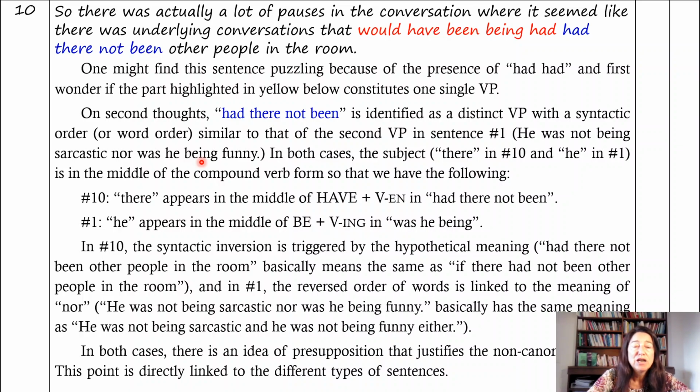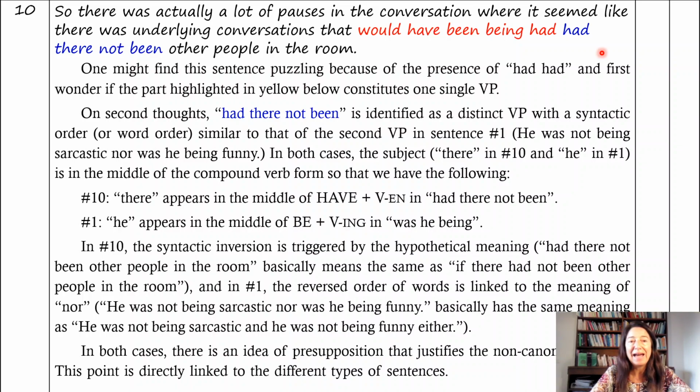It has been already envisioned, and therefore it has a presuppositional status. Okay, so that's one thing, and it's the same idea of presupposition that is to be found here in had there not been, in which the reversed order of words expresses the idea that there is a supposition, a hypothesis that is being made here.